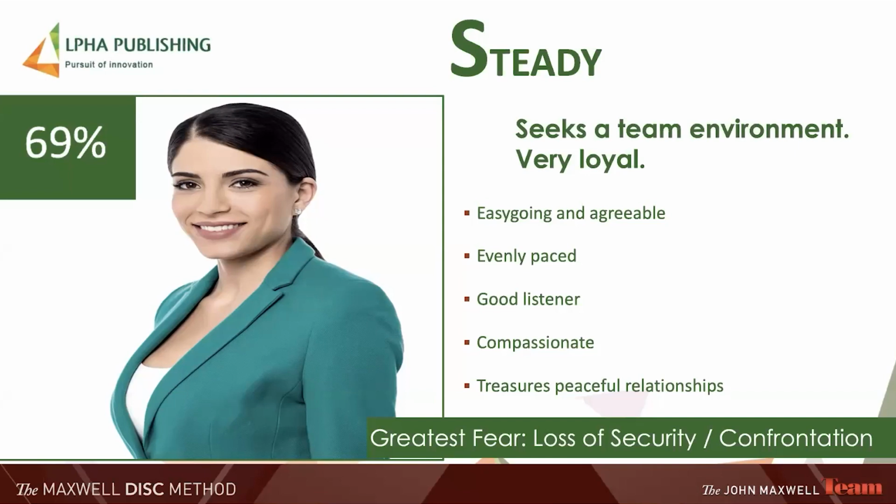We don't want the large percent of the population to be trying to disagree about everything, trying to talk over each other, trying to get their own way. You want 69% of the population, or the majority of the population, to be easygoing, agreeable, want to work in teams, want to be around other people, and want to be compassionate. So the majority of the population and the majority of your students will be an S, which is a steady personality.